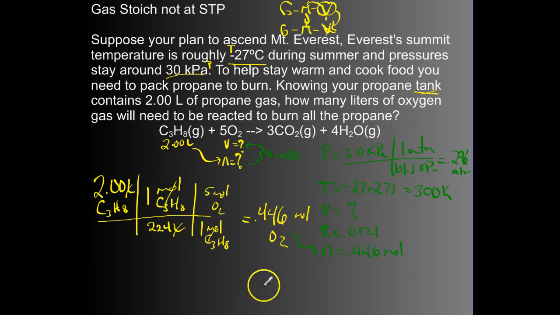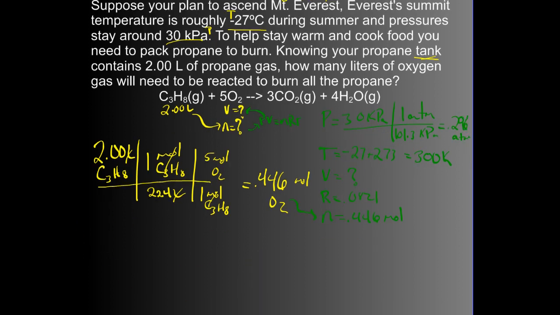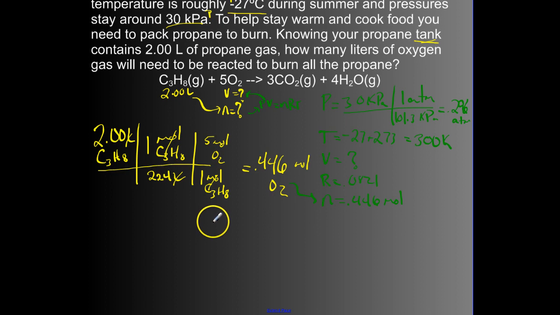So let's substitute these into PV equals nRT. Pressure is 0.296 ATM. V is unknown, so I'm going to leave that as V, equals n, 0.446 moles. R is 0.0821, and T is 300 Kelvin.